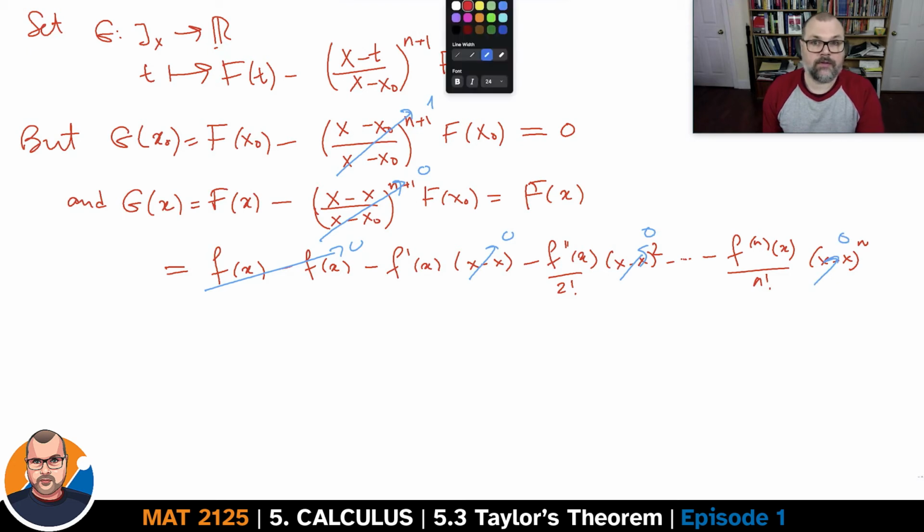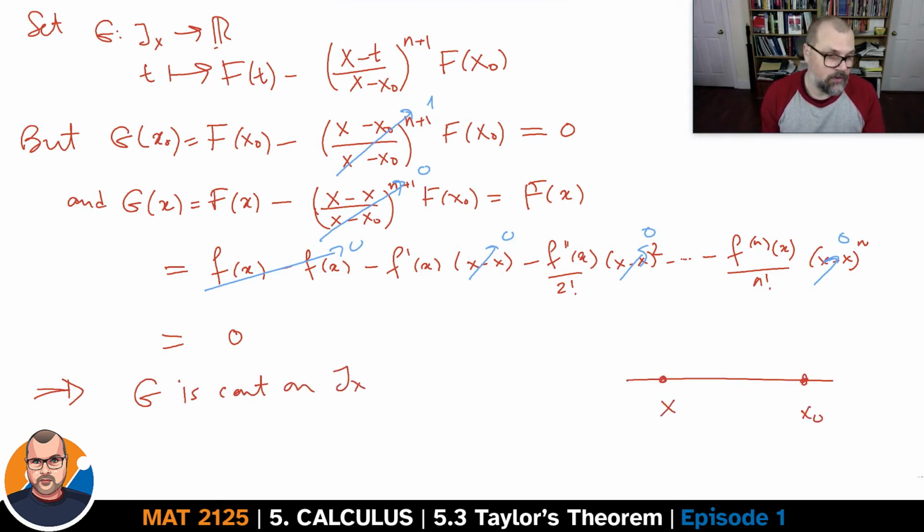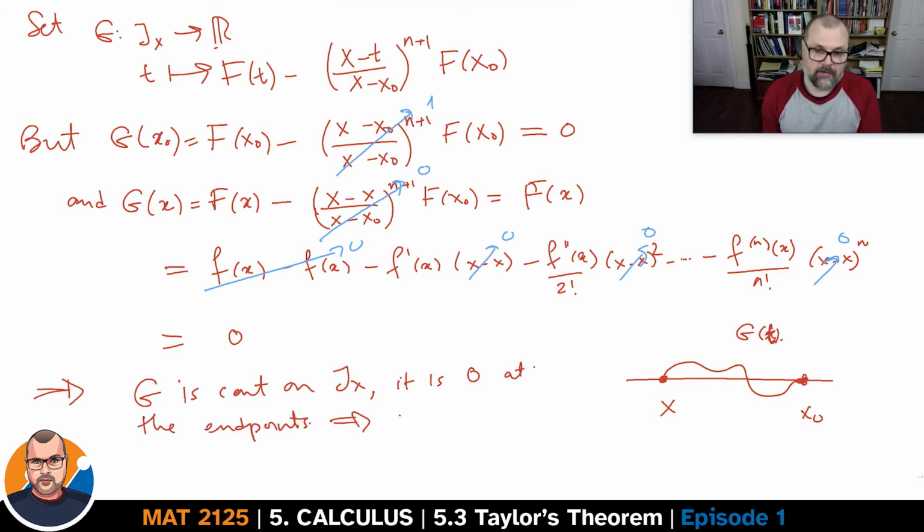They're all 0. You get 0. G is continuous on J_x, between x0 and x. The function is 0 at the endpoints. So it satisfies the hypotheses of Rolle's theorem.